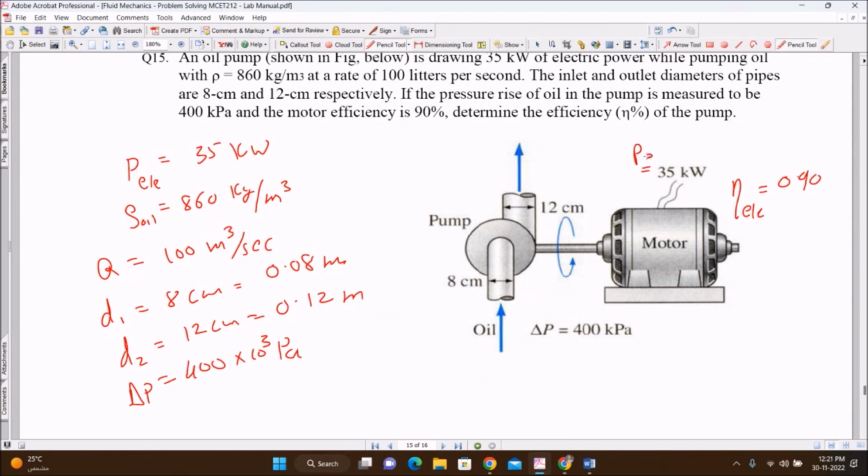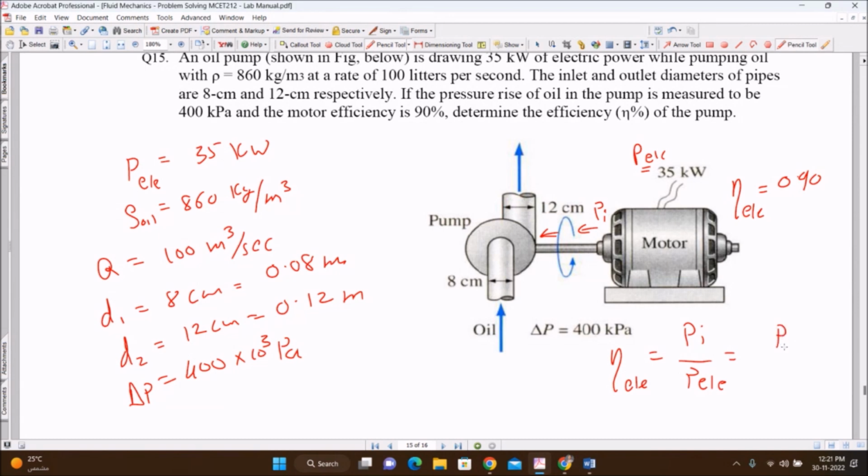So this is the power input. P electric is given, and we'll get the output from here. The electric motor output PI is the input power to the pump, and the electric input to the motor is P electric. So I can find the electrical efficiency equal to PI by P electric. This is the output of the electric motor, which is the input to the pump.